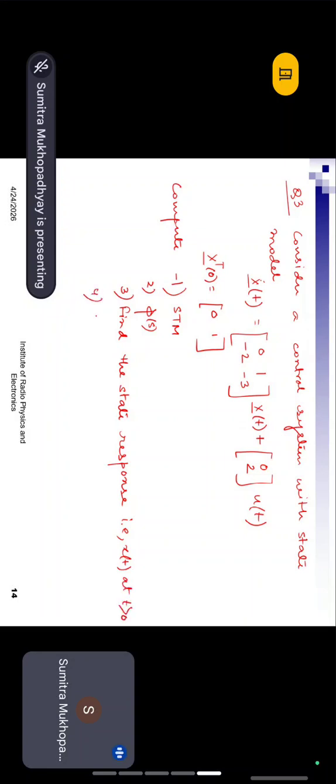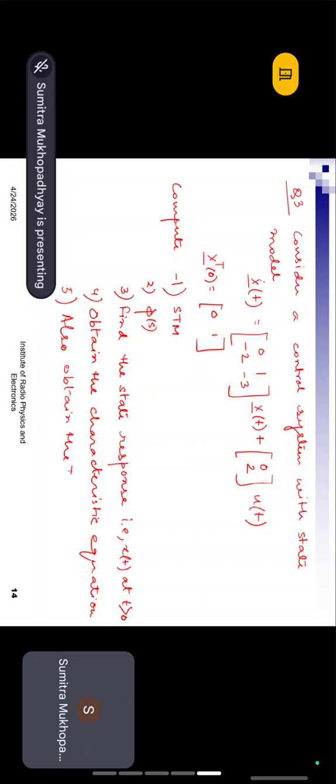The fourth one is to obtain the characteristic equation. Also get the transfer function. The state equation is given.